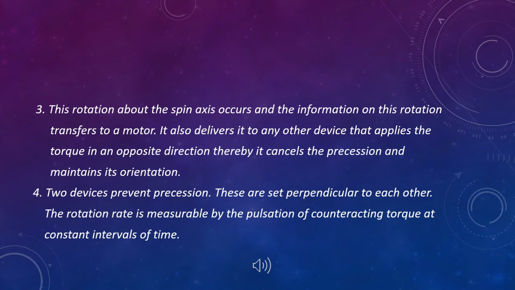Two devices prevent precession. These are set perpendicular to each other. The rotation rate is measurable by the pulsation of the torque at constant intervals of time.